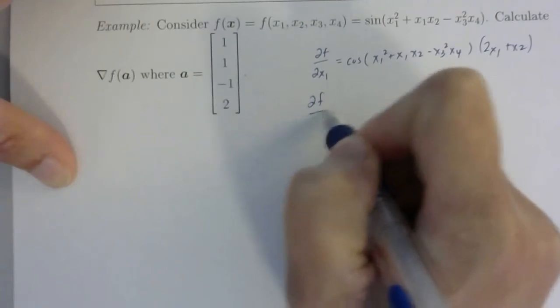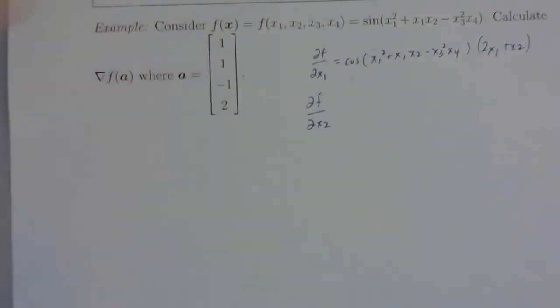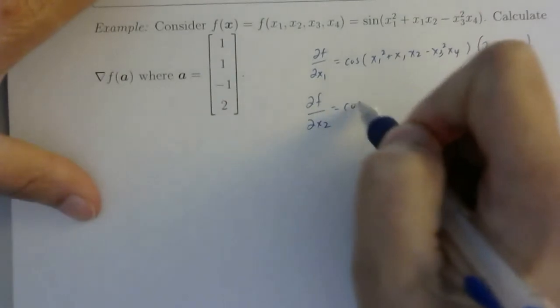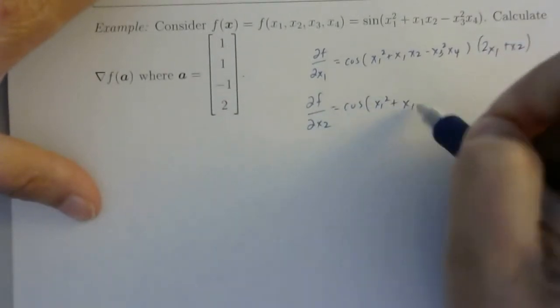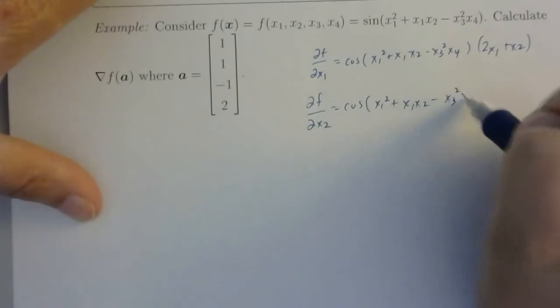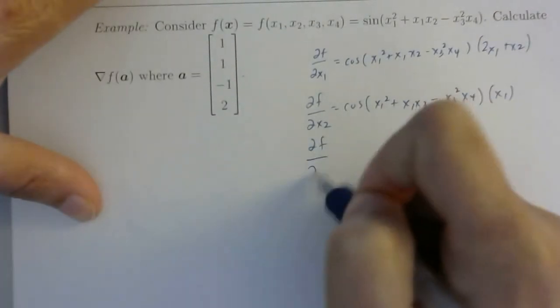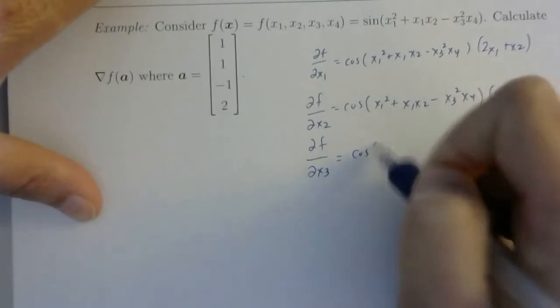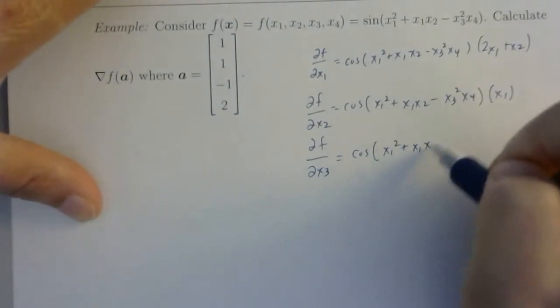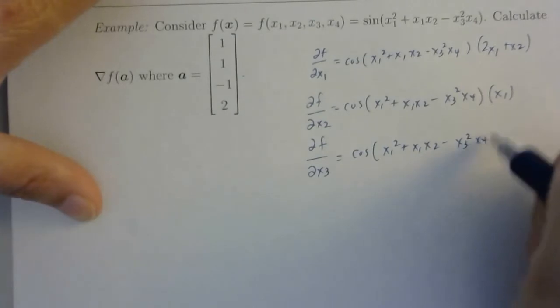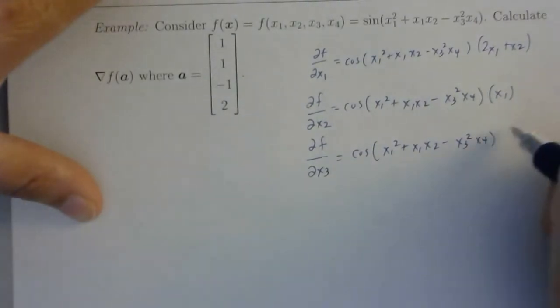Same for f with respect to x2. So same cosine, x1 squared, x1 x2 minus x3 squared x4. The derivative with respect to x2 is just x1. Partial of f with respect to x3, same cosine again, and the partial with respect to x3 is just minus 2x3 x4.